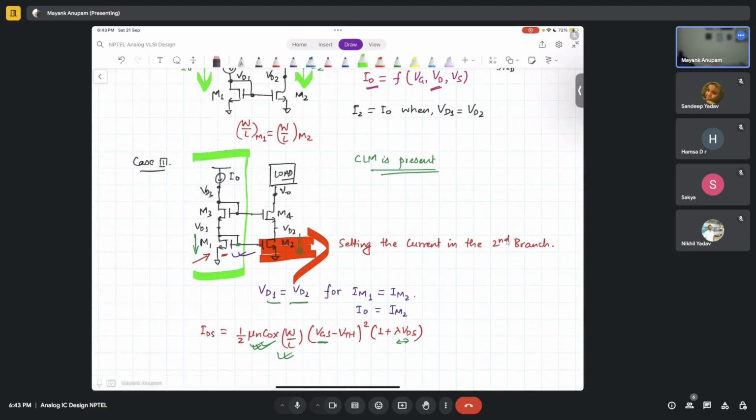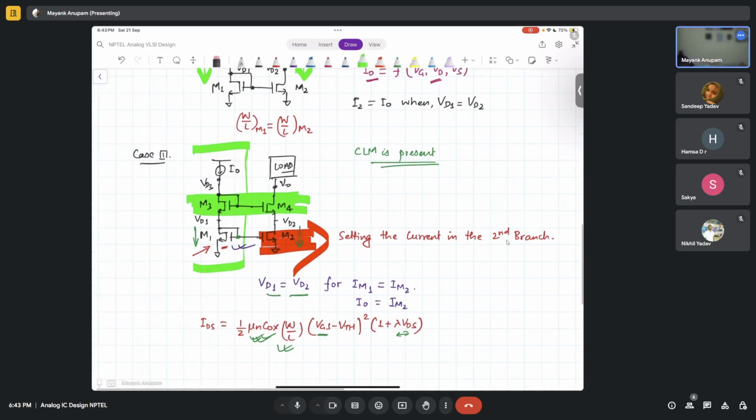So the way to avoid this is by simply adding this extra layer here. The extra layer of M3 and M4 acts like a shield in between. Now this is how you can understand it. This acts like a shield. It shields what?